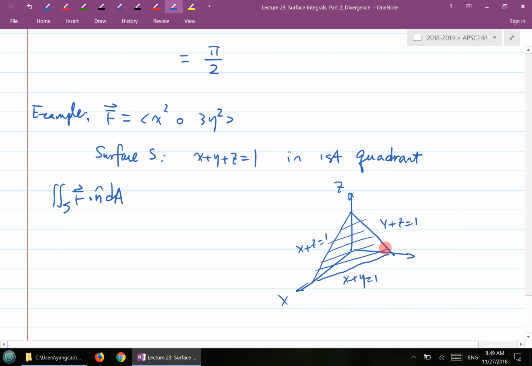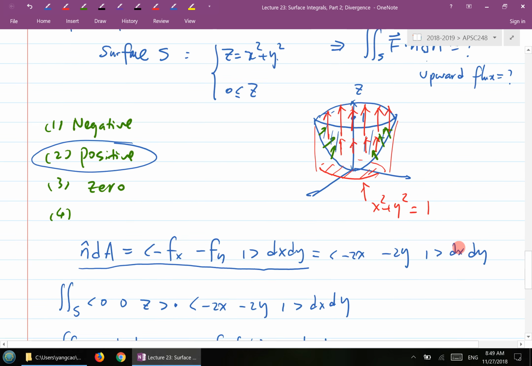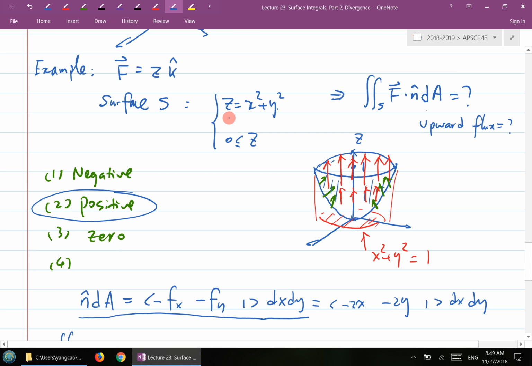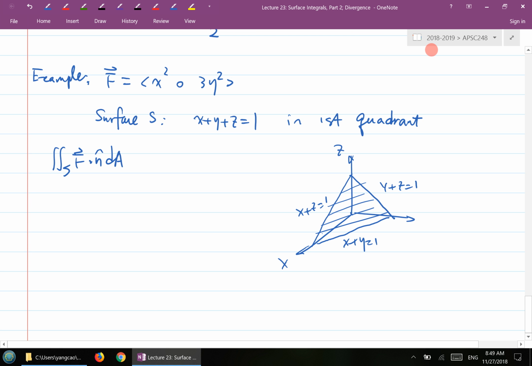All right, so let's follow exactly the procedures that we have done in the previous one. First part, this is the surface S. The only difference between this question and the previous question is what? In the previous question, you were explicitly given z equal to a function f of x, y. But in this question, the only trick maybe is that you're not directly given z equal to whatever.